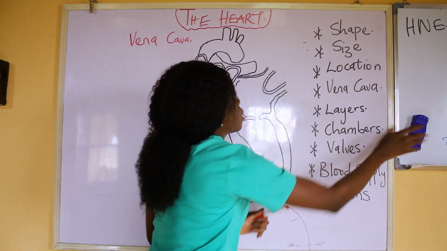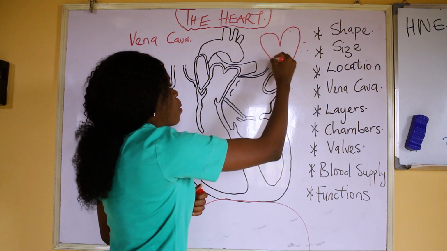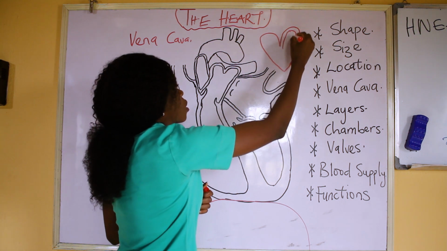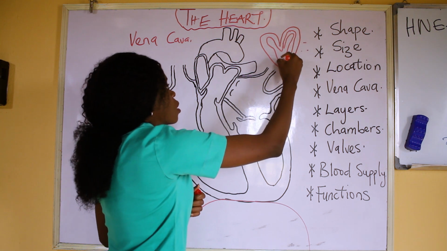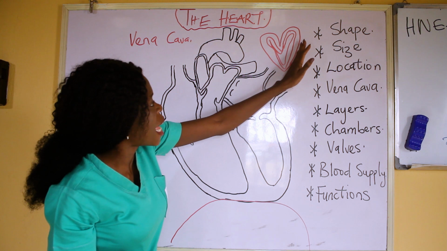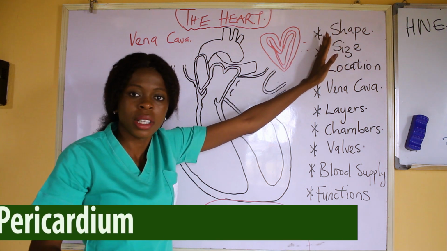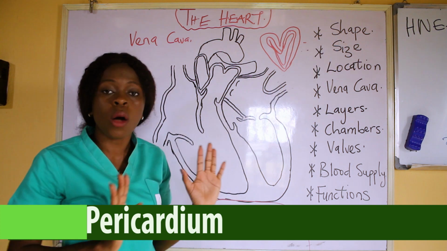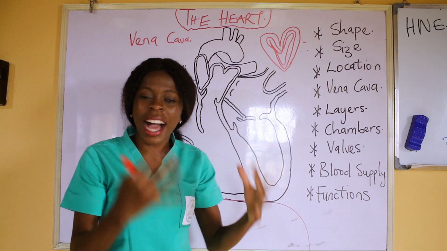This is the heart. Can we see the three layers now? The outer layer of the heart is known as the pericardium.